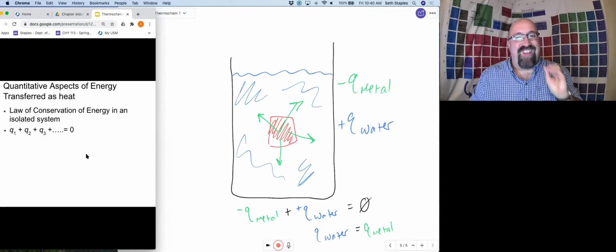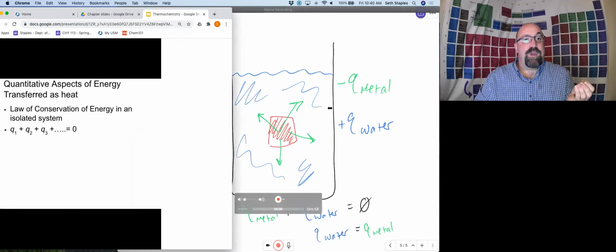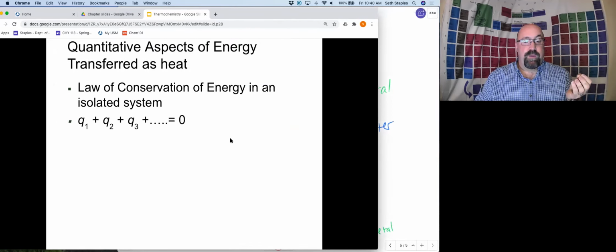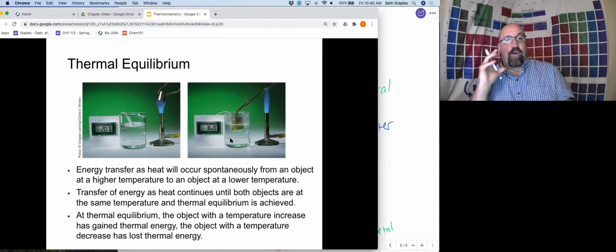The heat lost by the metal equals the heat gained by the water. We can use that information. And so thermal equilibrium just means that energy is going to transfer as heat from an object at a higher temperature to an object at a lower temperature. And that will continue until both objects are the exact same temperature.